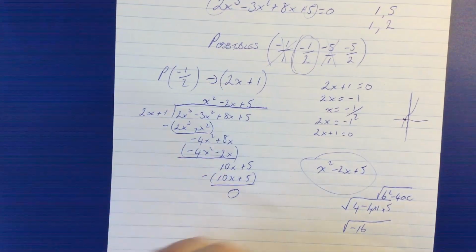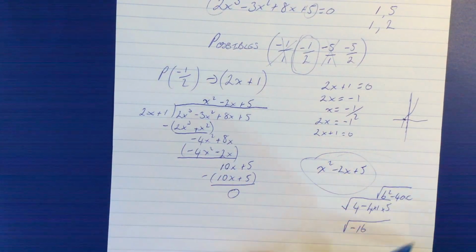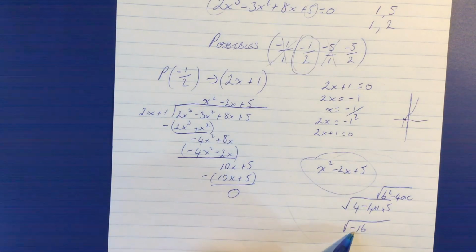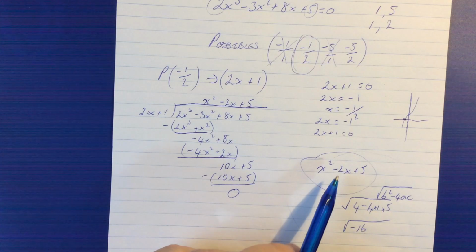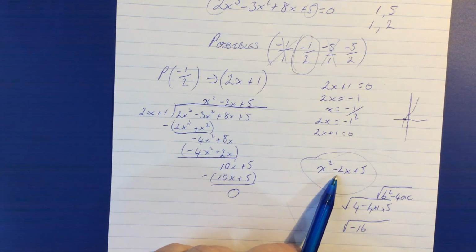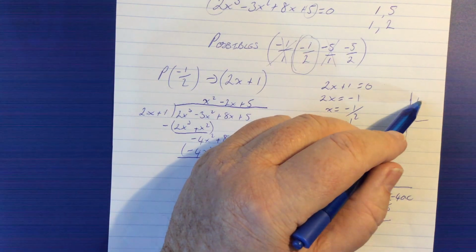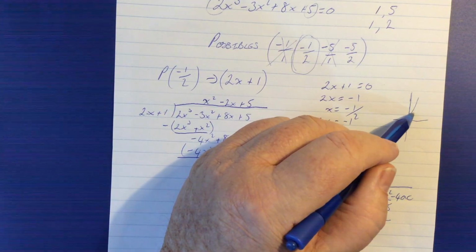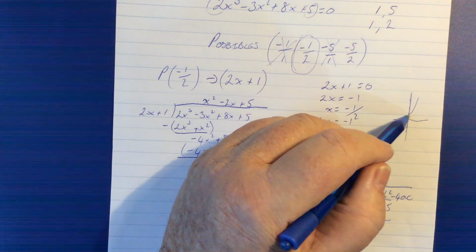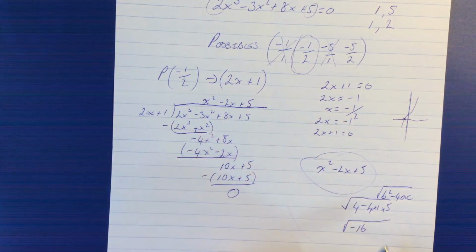Now, this is all an aside to what we've been doing. This tells us that there is no real solution for this quadratic here, which means, not at all that the graph doesn't exist. It simply means that this part of the graph does not touch the x-axis.